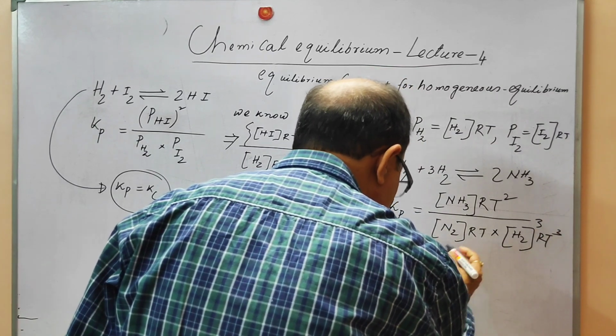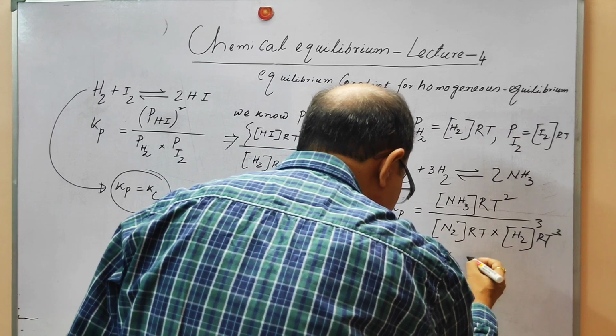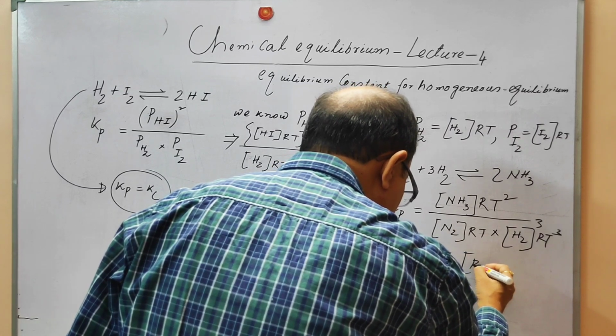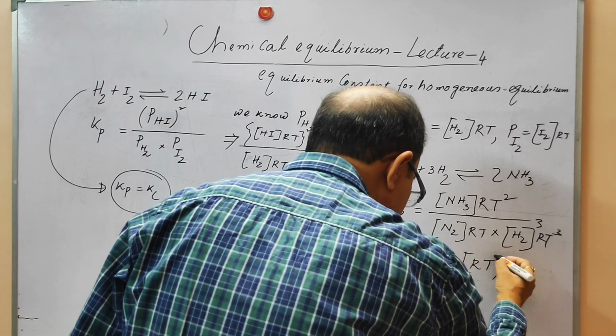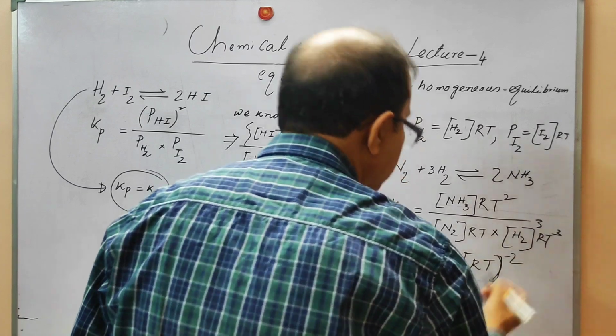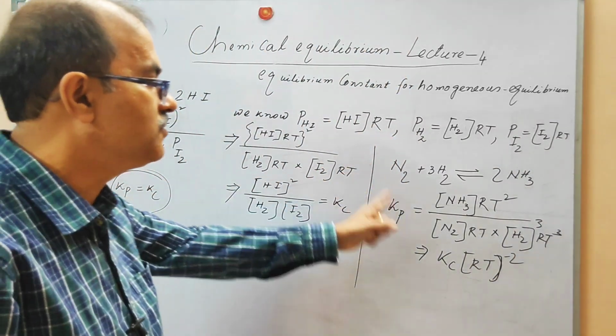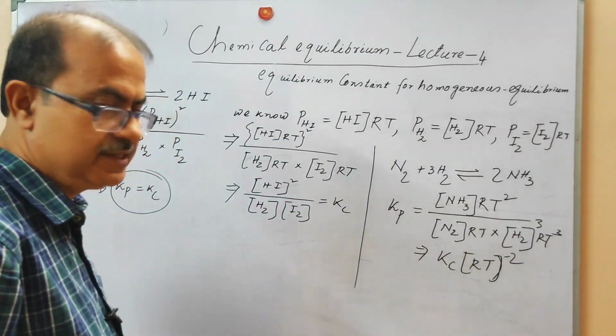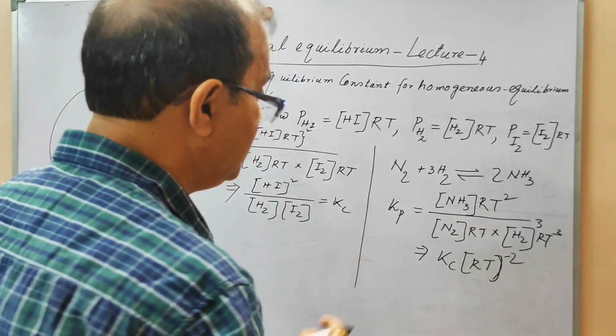So what we get from this is Kc times RT to the power minus 2. Here you can see Kp is not equal to Kc; rather, Kp is less than Kc.